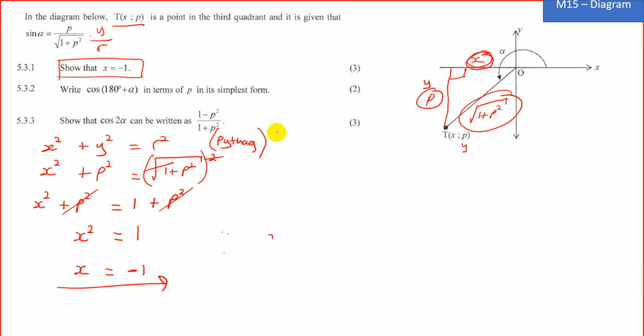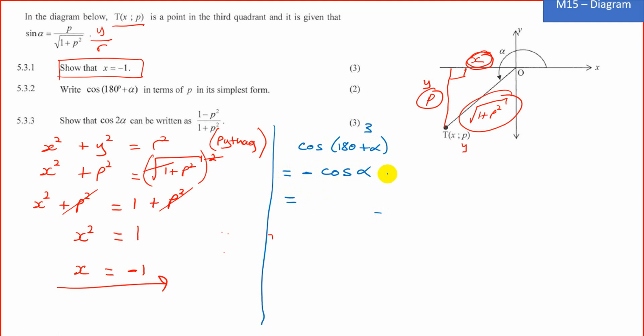Our next question tells us to write cos of (180 plus alpha) in terms of p. So if we look at cos of (180 plus alpha), we are looking into the third quadrant, and in the third quadrant cos is negative, so we're going to use the reduction formula and we come out with negative cos alpha.